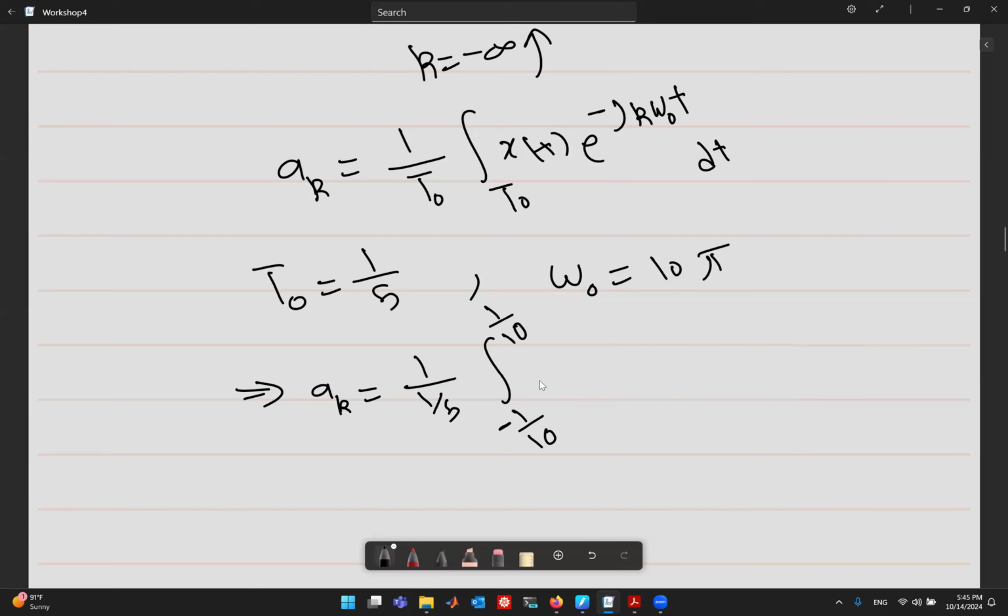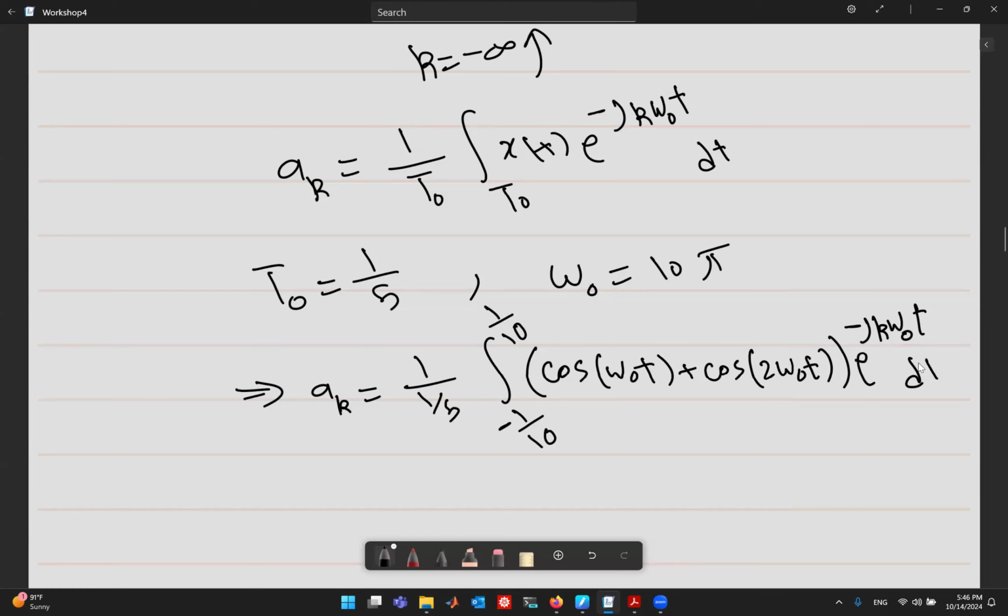And then x(t), I write cosine omega naught t, omega naught is 10 pi t, plus cosine 2 omega naught t, times exponential minus j k omega naught t dt.